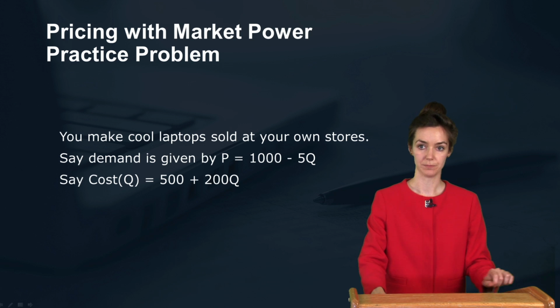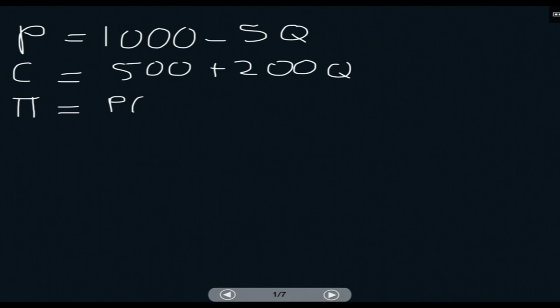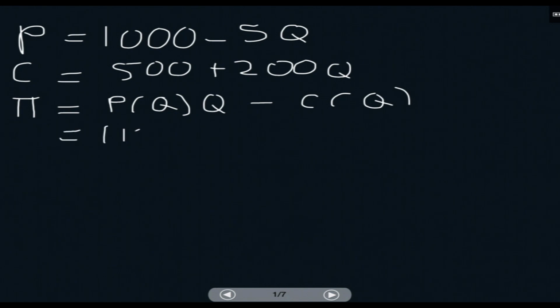So let's take a look at an example. We have a demand of 1,000 minus 5Q. And let's say our cost function is 500 plus 200Q. So let's calculate what the profit will be. So I'm going to write that as a pi. So recall that profit is simply revenue minus cost. And subbing in what we know, so our demand equation times our Q minus our cost equation.